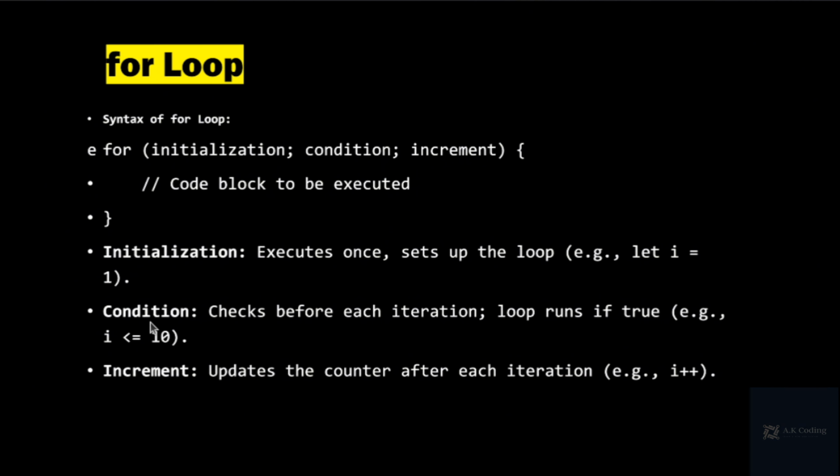The second one is the condition, which is checked before each iteration, and the loop runs if it is true. For example, we have initialized to 1, and in the condition we are checking if i is less than or equal to 10. And the increment updates the counter after each iteration.